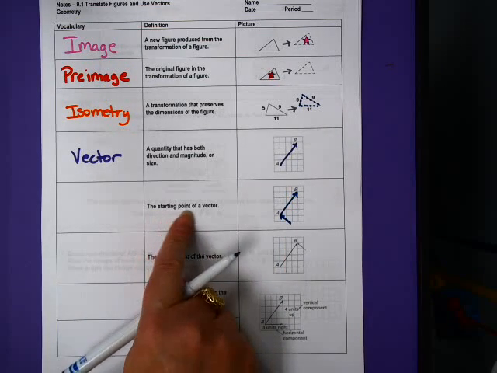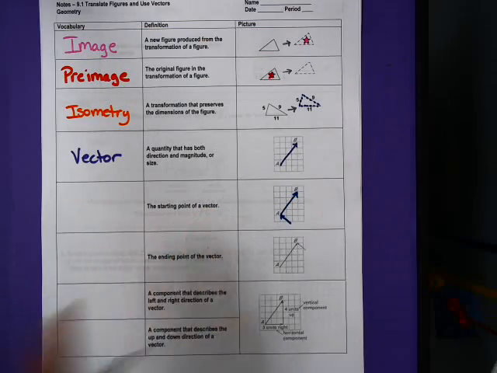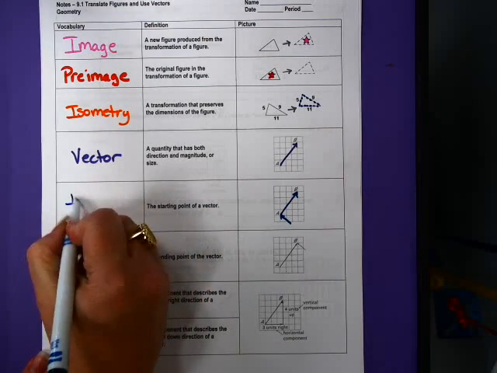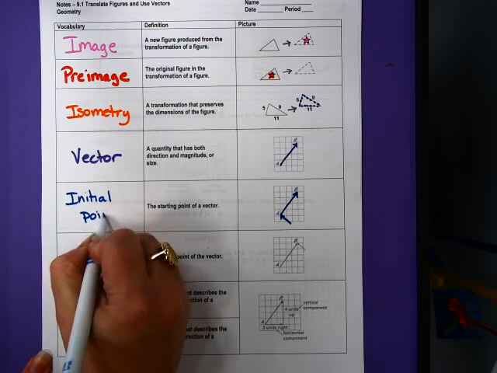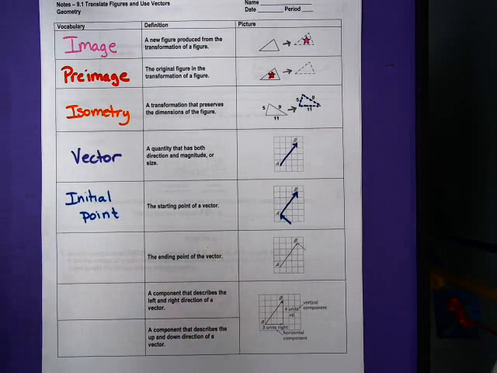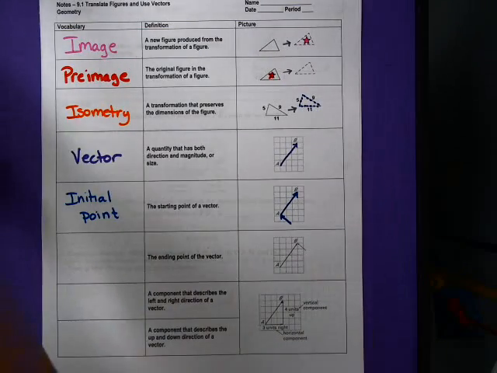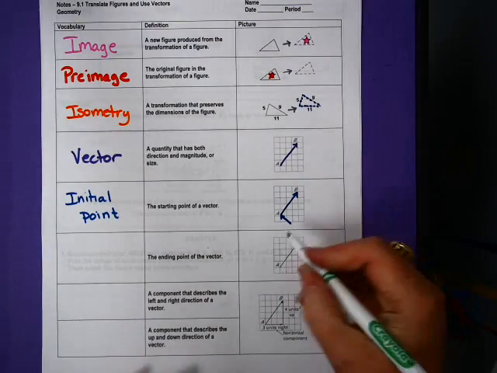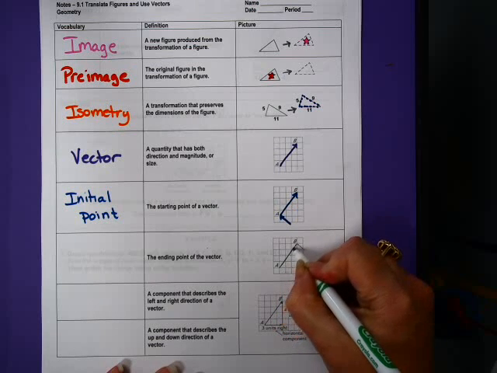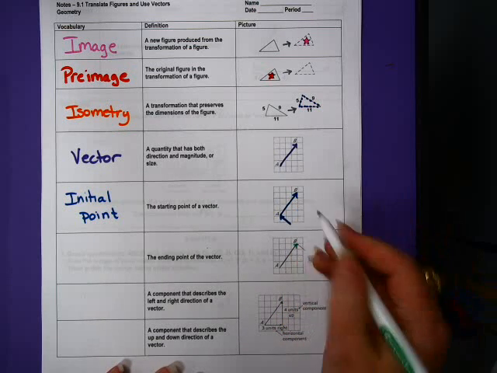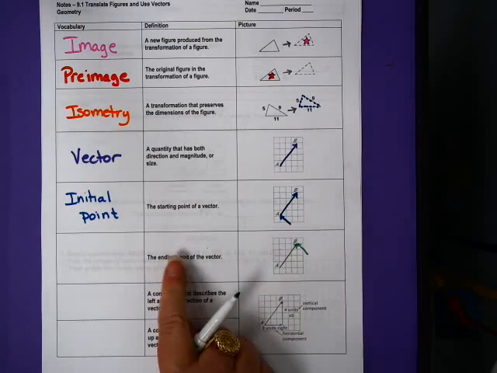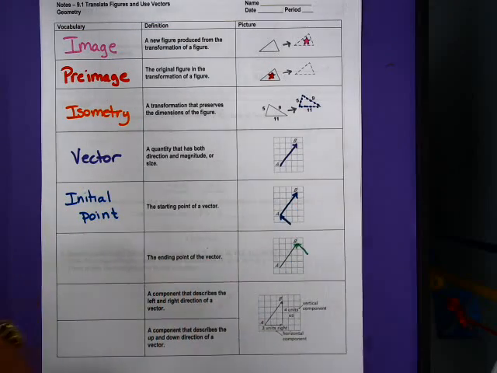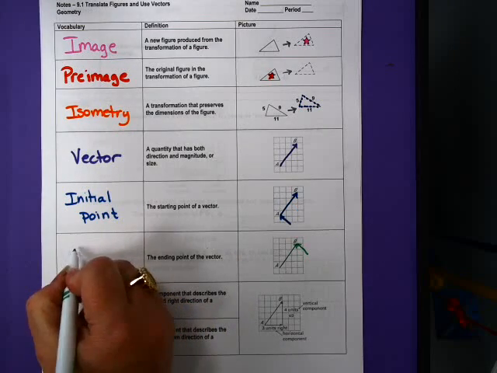So the starting point of a vector, we call that the initial point. Again, we've got the same picture here, the same ray, A to B, there's the arrow. So I'm talking about this point right here, where it ends, the ending point of the vector. We call that the terminal point.